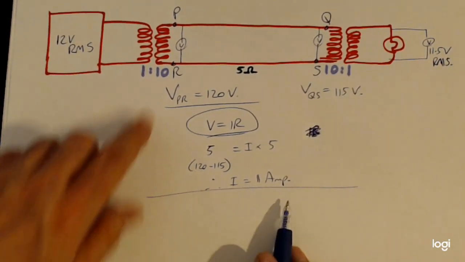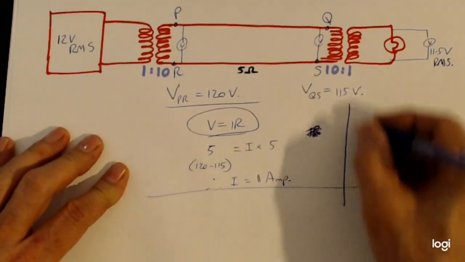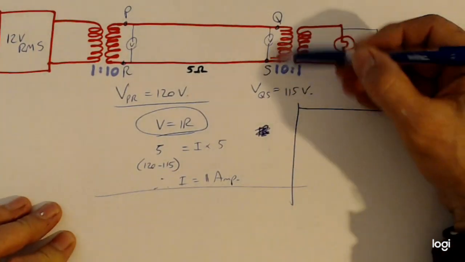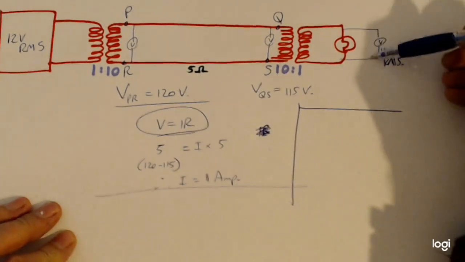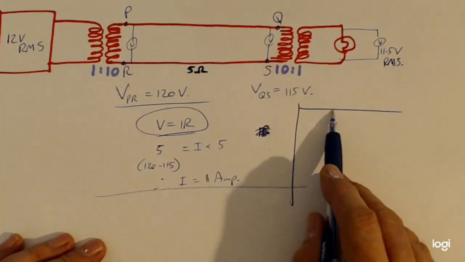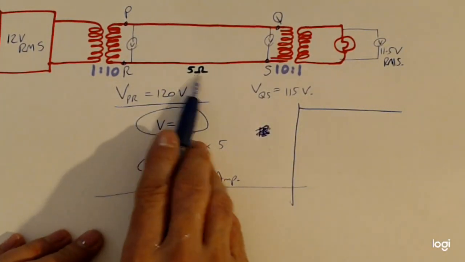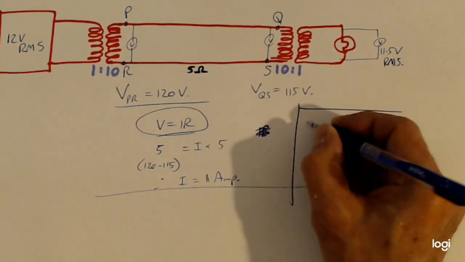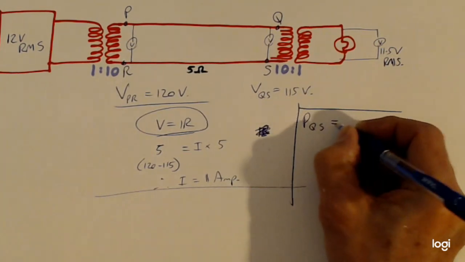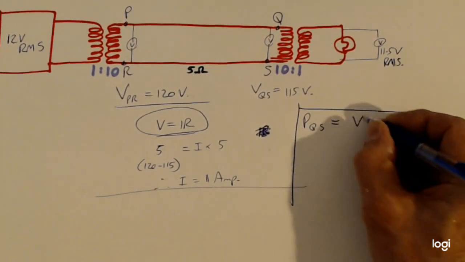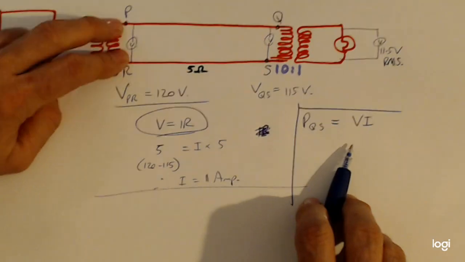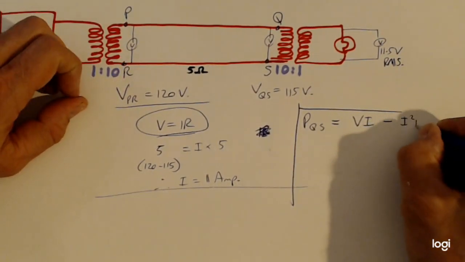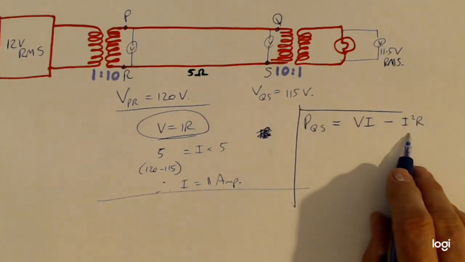Now to find the power across QS, I'm just going to work over here now. To find the power across QS, which will equal the power across the globe, we need to factor in the fact that this has caused it to lose some power over here, right? So the power across QS is going to be VI, which is how much power is being supplied over here, minus I squared R, and that's the formula for power loss over power lines.